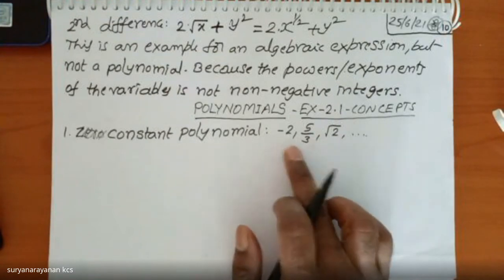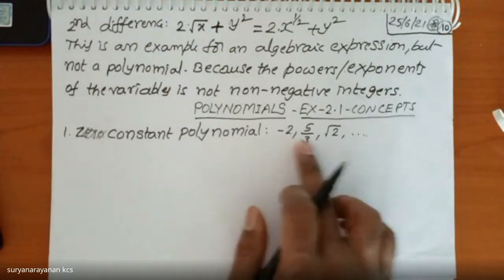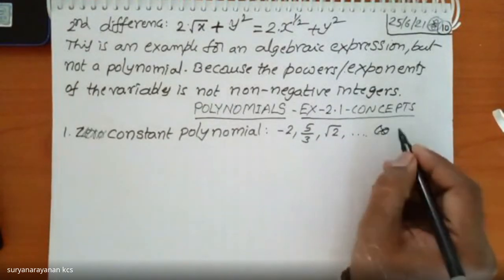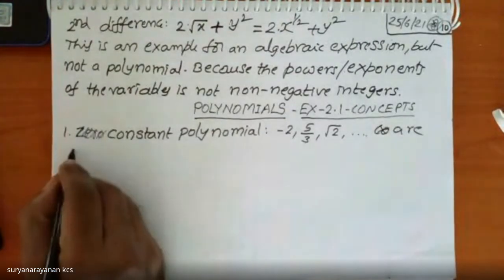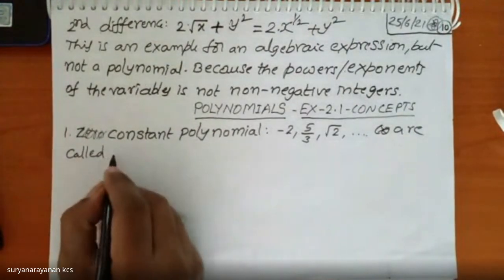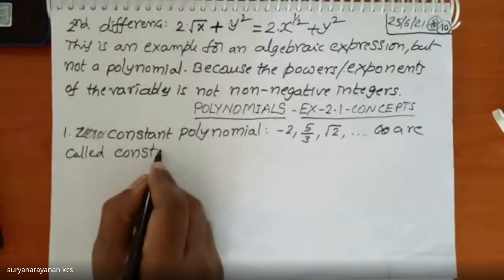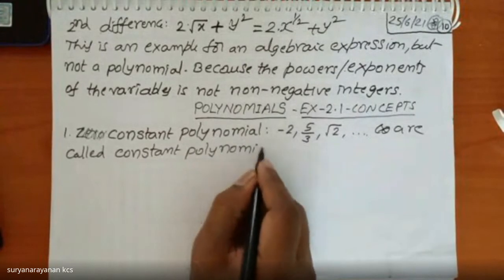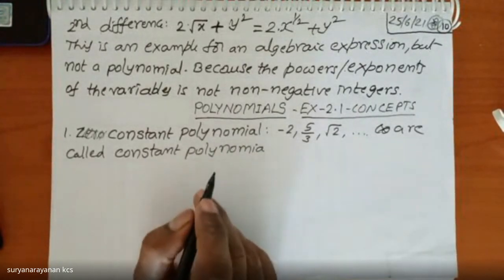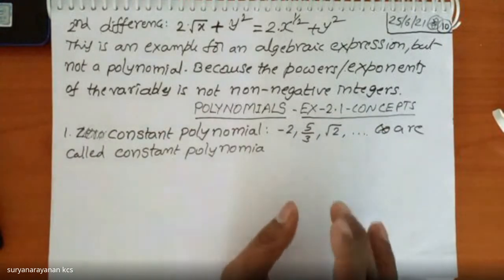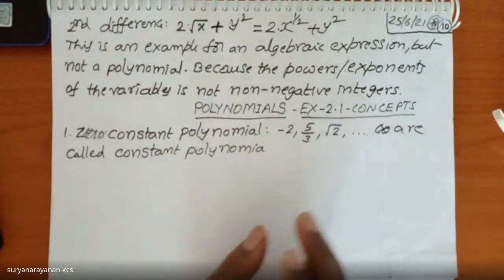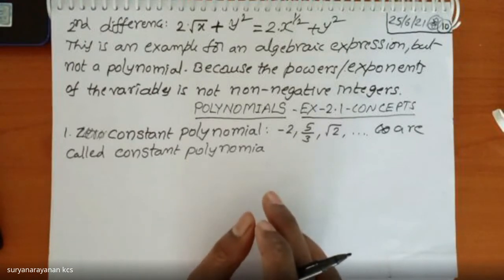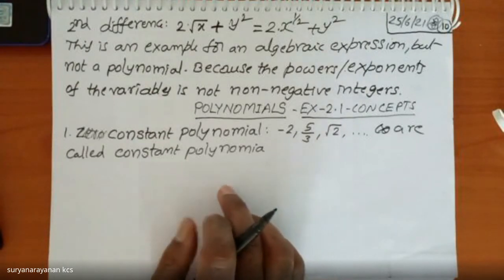So these are called constant polynomials. Constant polynomial means nothing but constants. No other terms will be there. In that polynomial, one and only one term will be there, and that too only a constant. Understood this point, my children?